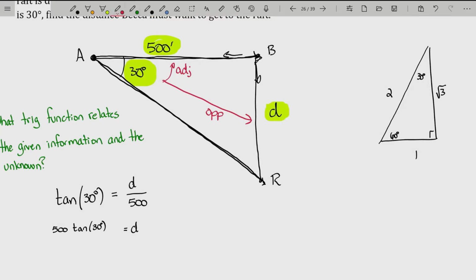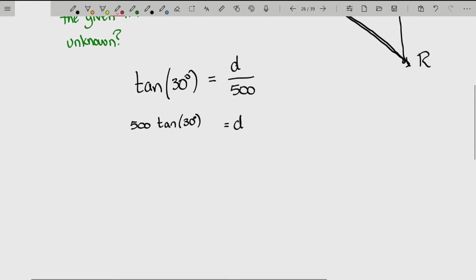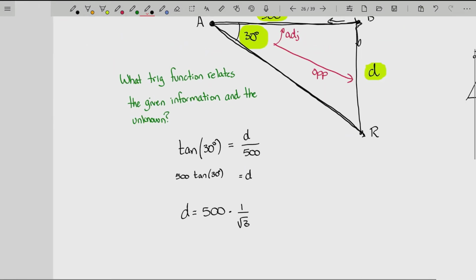The tangent of 30 degrees, opposite over adjacent, is 1 over root 3. So D will equal 500 times 1 over root 3.